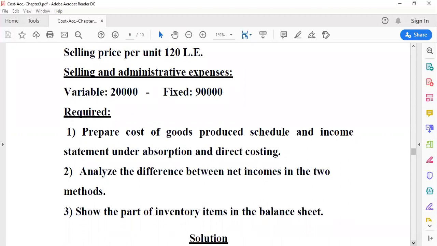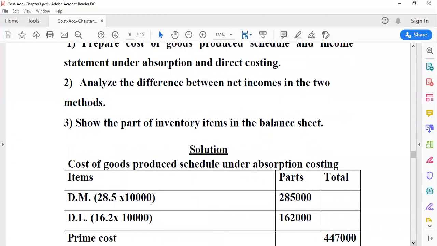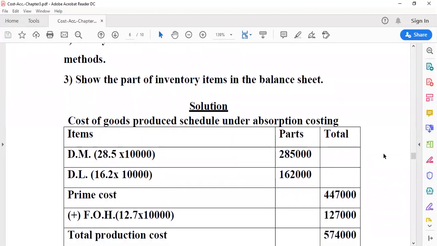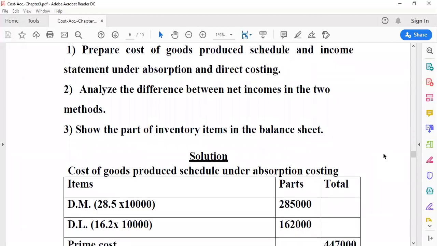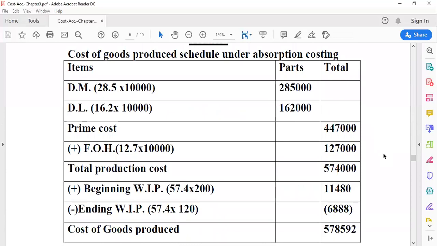Today we are going to learn about the direct costing theory, how to calculate costs using it, and the difference between the two theories. Okay, so let us start with the cost of goods produced schedule, but under the direct costing theory.